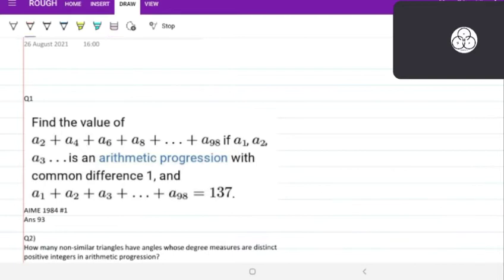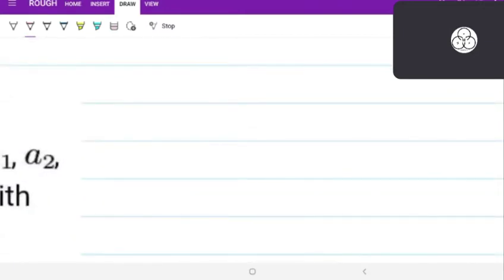Just now we have seen a very interesting thing: that a(n+1) can be written as a(n) plus d. So here, what is d? Here d is 1. d is the common difference.